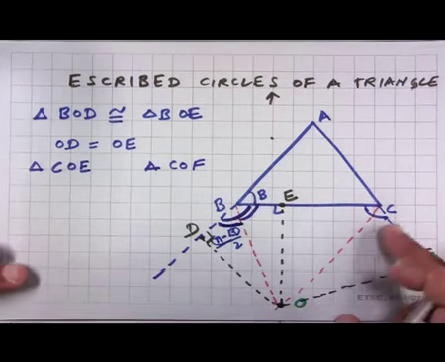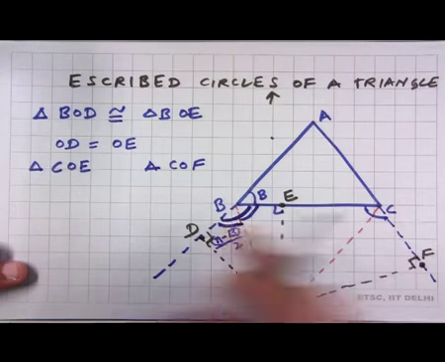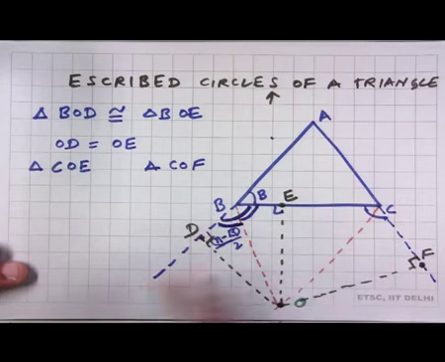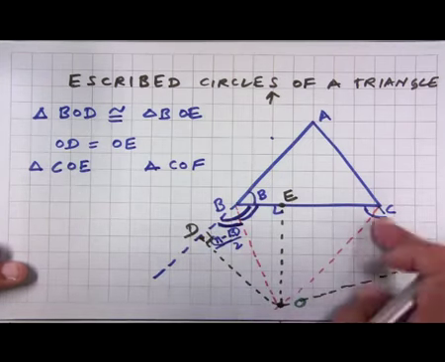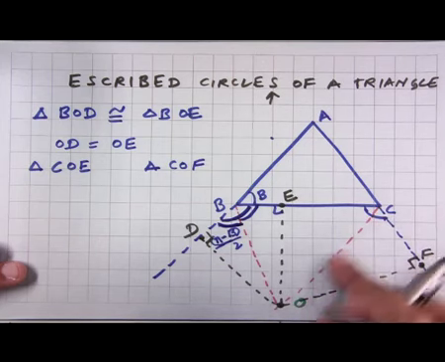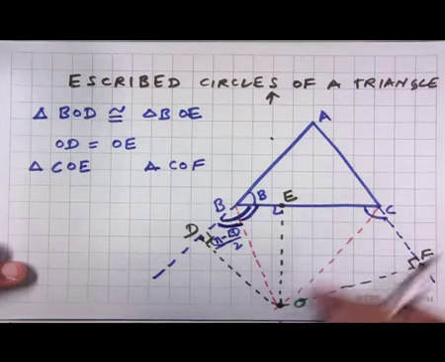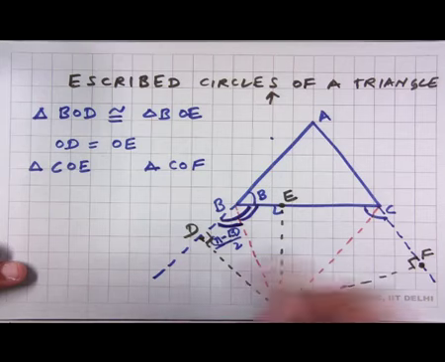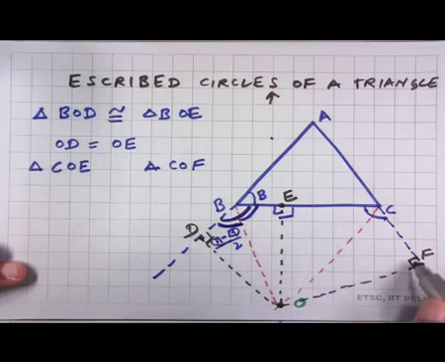And as we can see again, both these triangles, triangle COE and triangle COF, have this side OC as common. Further, this angle and this angle are equal to 90 degrees.